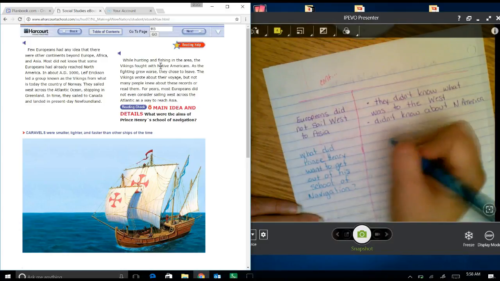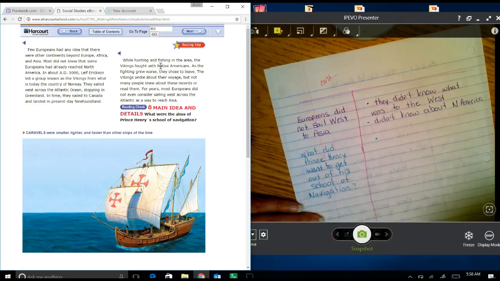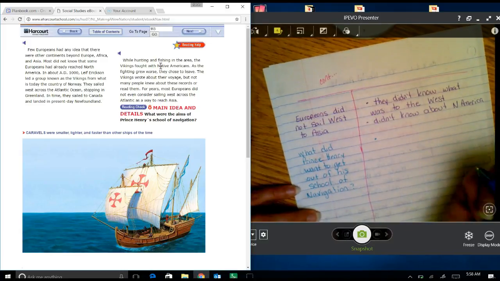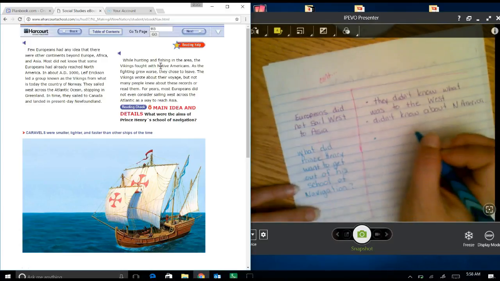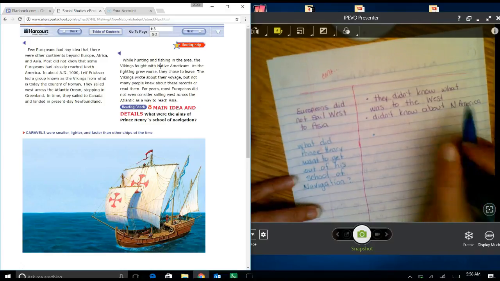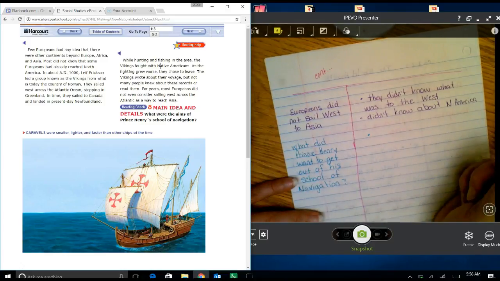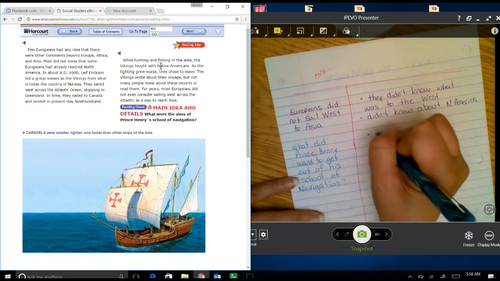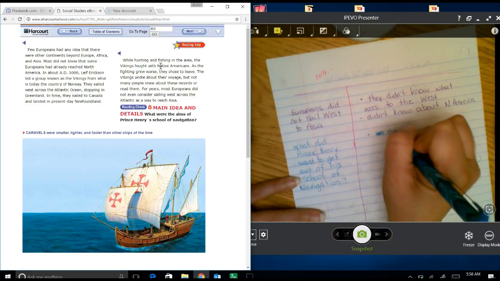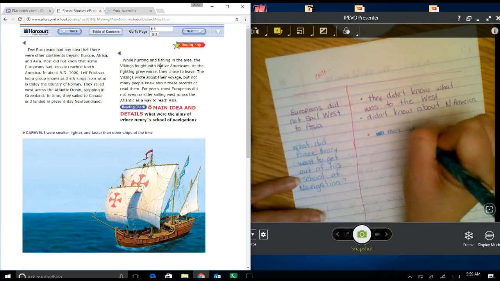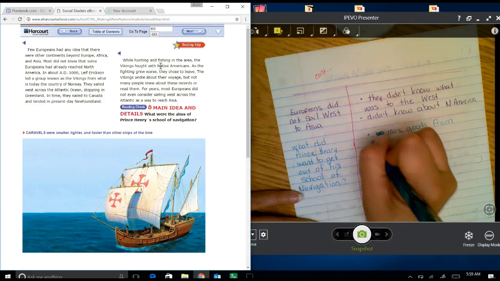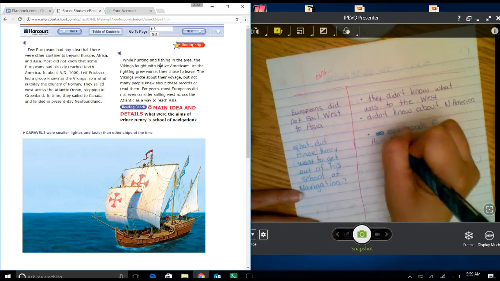Okay, well, for one, he wanted riches, right? He wanted to get more. He wanted better ships, faster ships, so that he could get more goods from Asia and Africa, okay? So he wanted to be able to get more goods from Asia and Africa.